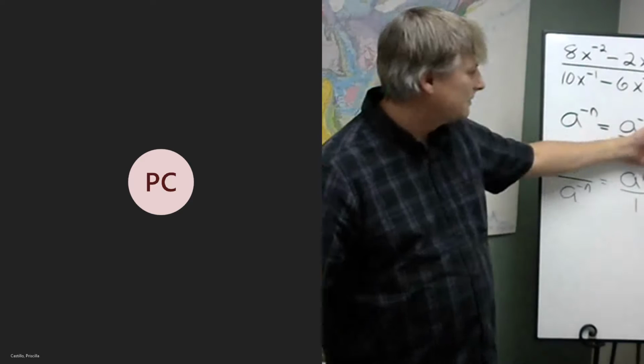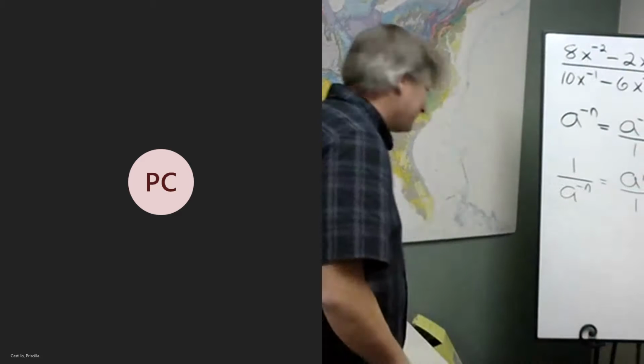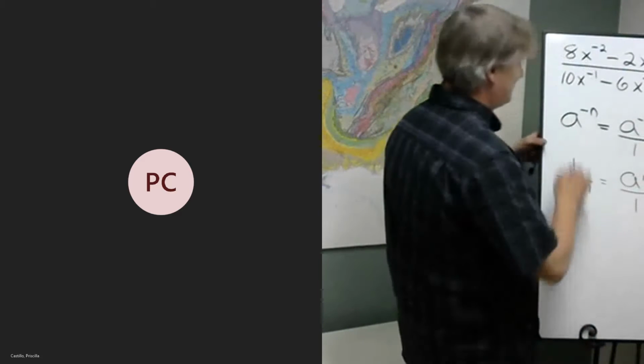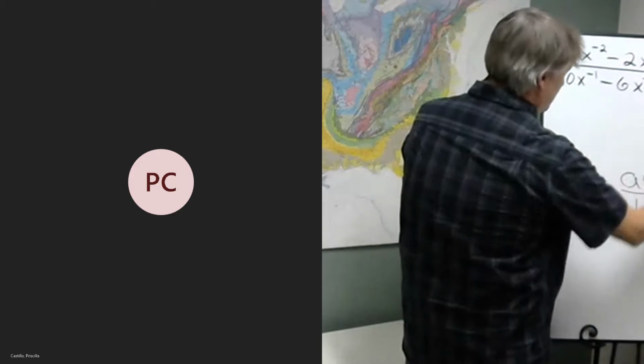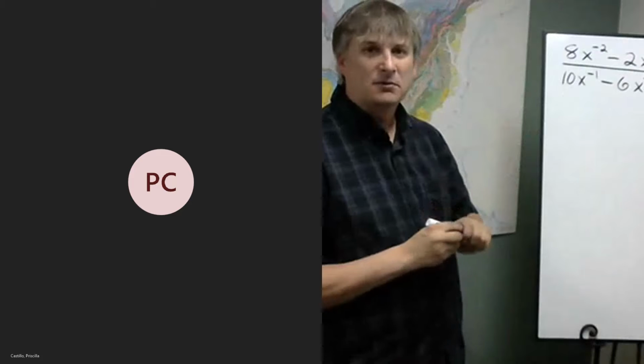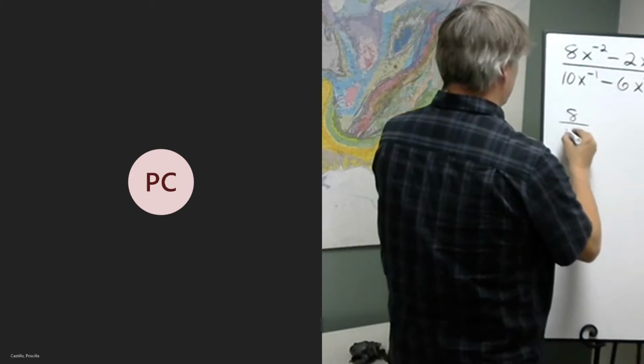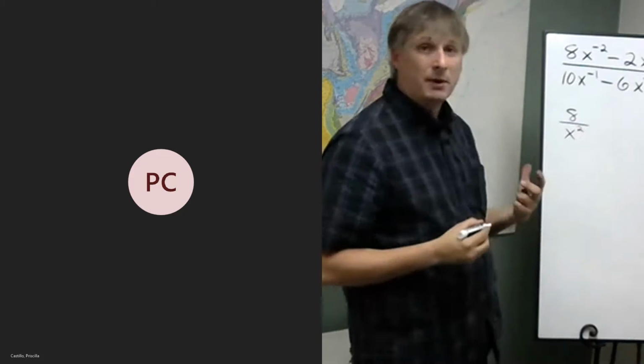Flip this, no minus sign. So what we're going to do is we're going to flip all these x's. So this will be 8 over x squared, no minus.